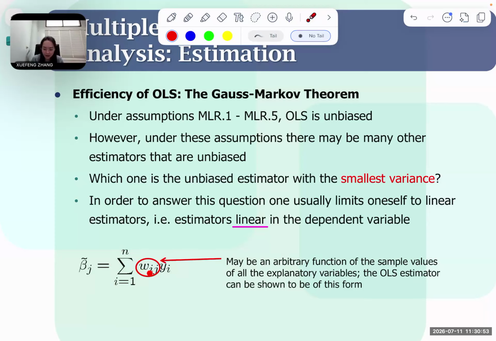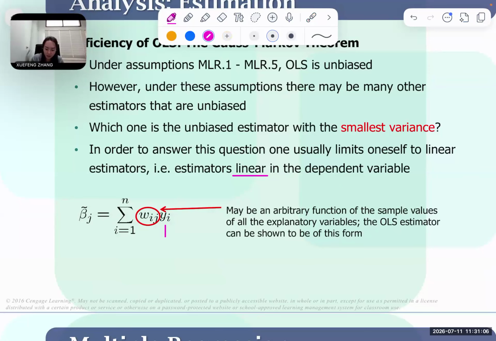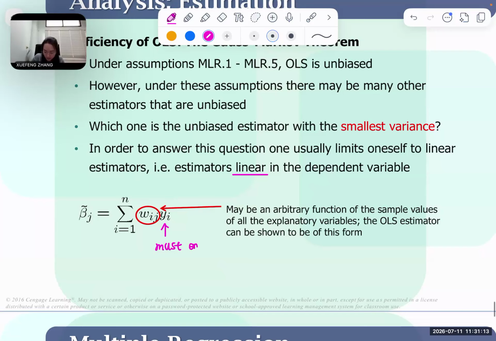The weights w_ij can be any function of the x. That's very flexible, but y_i itself must enter in this simple added up way.